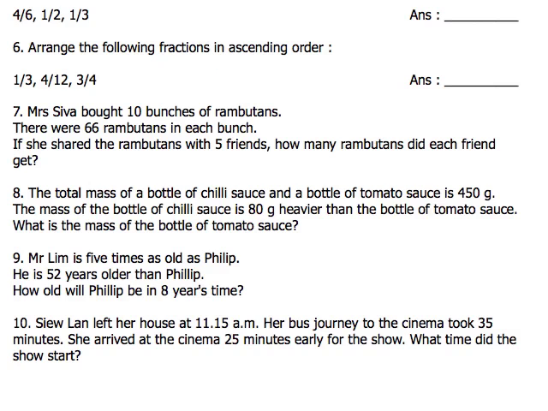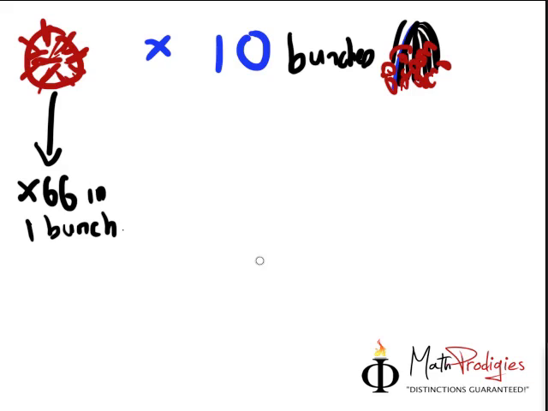It says now that if she shared the rambutans with 5 friends, how many rambutans did each friend get? First of all, we need to find out how many rambutans she has altogether. She has 10 bunches of rambutans. How many rambutans are there in each bunch? There are 66.